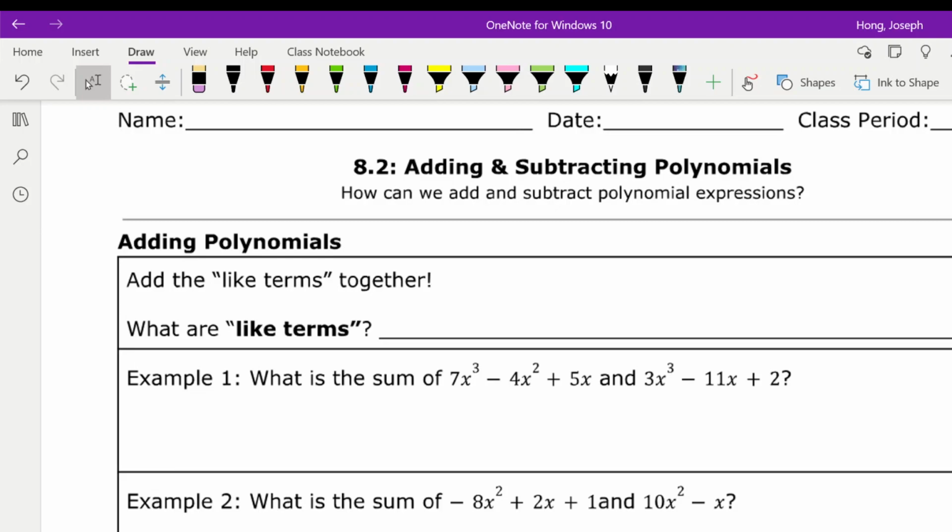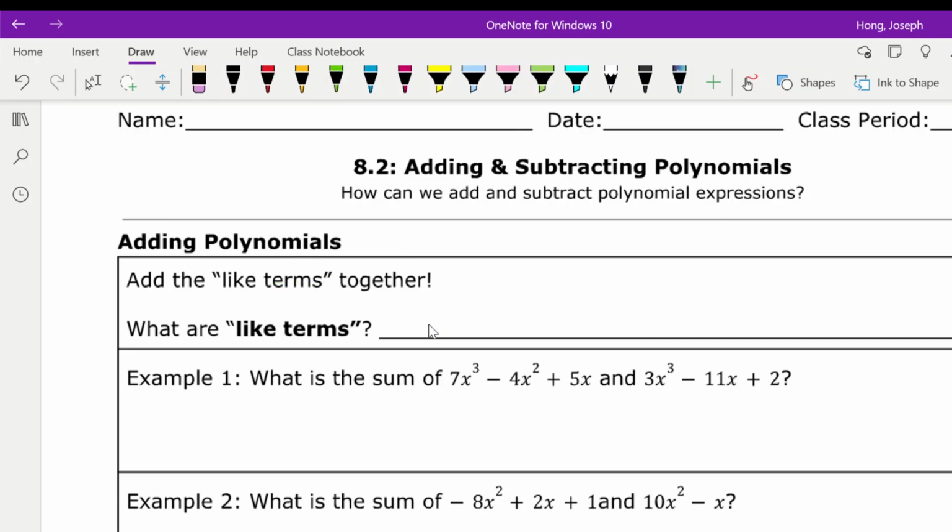And our essential question is going to be, how can we add or subtract polynomial expressions? And the way that we're going to be doing that is actually using something that you've learned before. So when you add polynomials, we're going to add the like terms together. So what does that really mean?